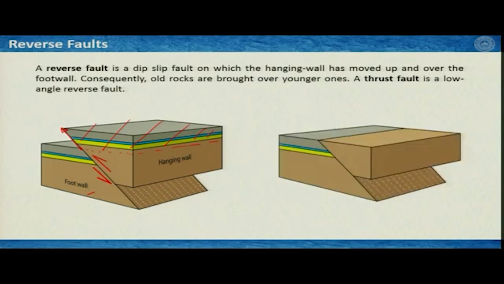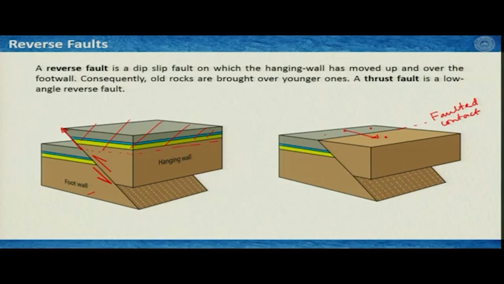And again, if you start walking from here and do the field work, you may find an older rock, because you are here on the younger rock and then you arrive at an older rock, and then there are some features by which you can identify that this is a faulted boundary or faulted contact. This is not a lithological contact.